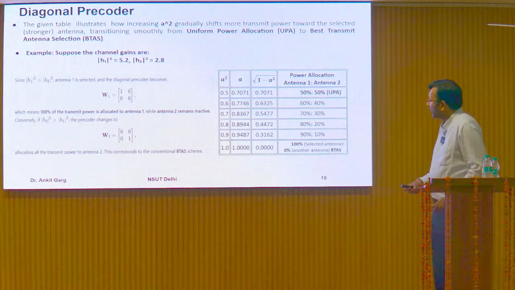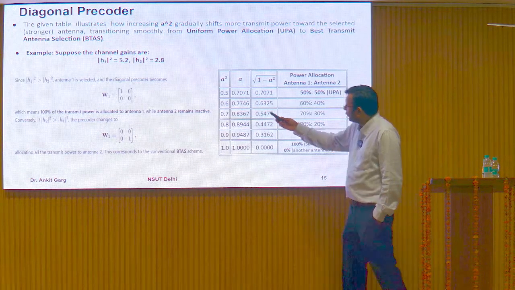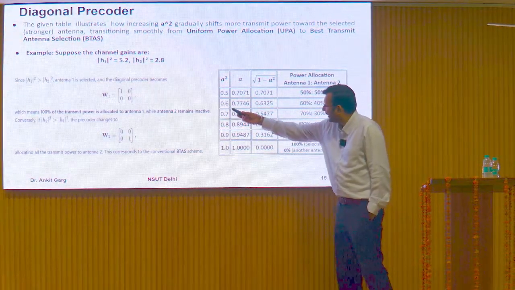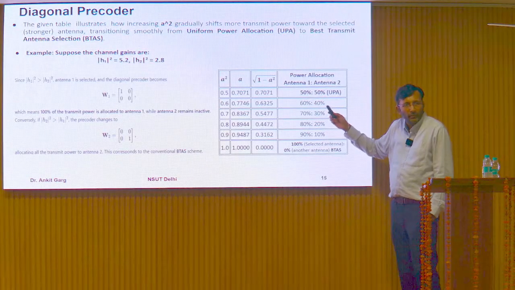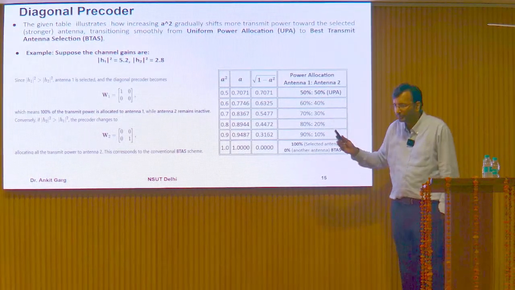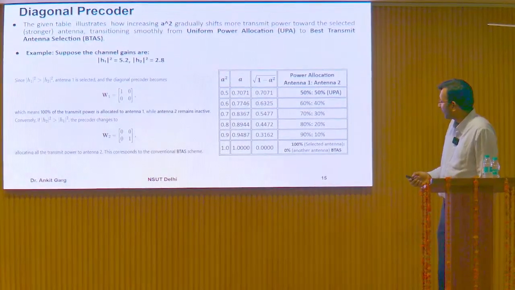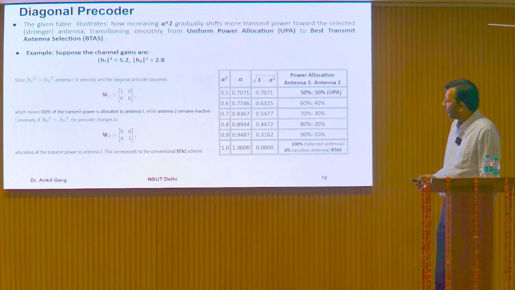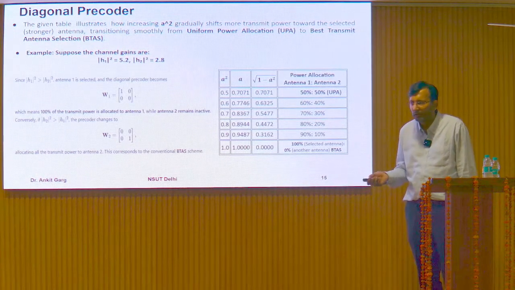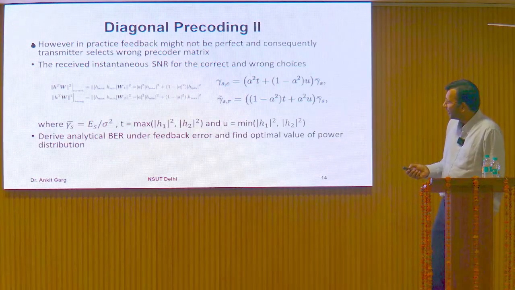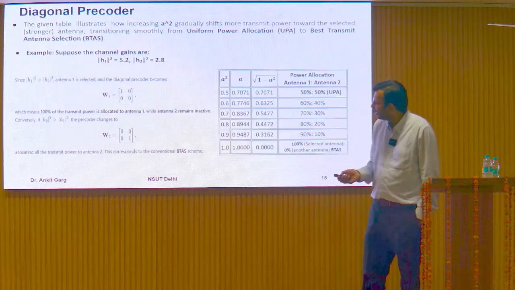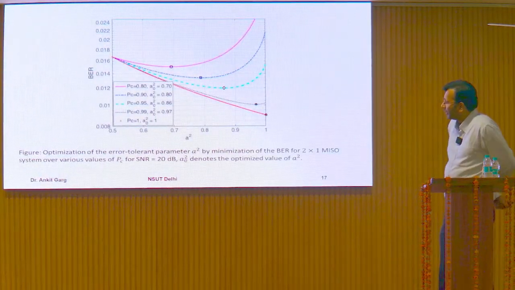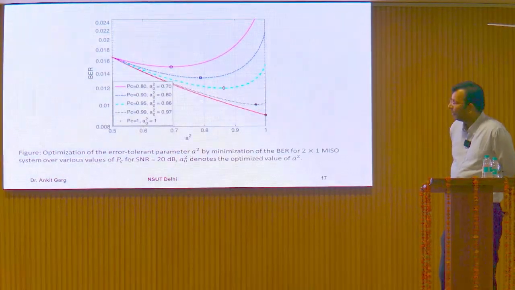So instead of that, what we do is look to find the optimum value of A square. For example, for A square 0.6, it means 60% of the power is going to antenna 1 and 40% to antenna 2, right? So how do we find out what would be the optimum value, 0.6, 0.7, 0.8 or 0.9, right? On the basis of the bit error rate, we minimize this bit error rate and find the optimum value of A square for different values of PC.